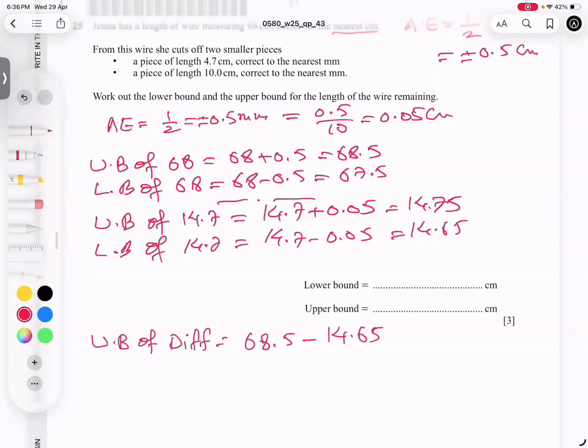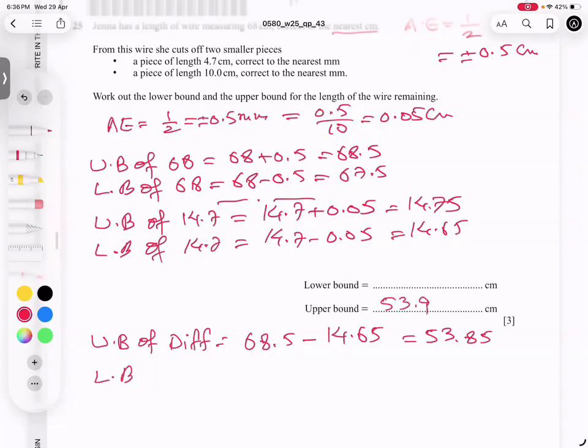And the answer is coming to us as 53.85. So this is done. I hope it's clear. So what is the upper bound? 53.85, after rounding to 3 SF, 53.9, or 53.85 also correct.